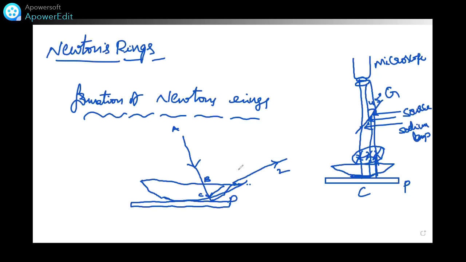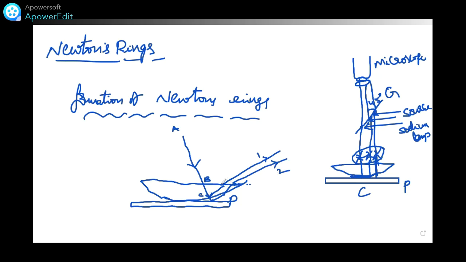So the reflected rays, this is one reflected ray, this is another reflected ray. Rays 1 and 2 are parallel and in position to produce interference fringes, as they have been derived from the same ray.